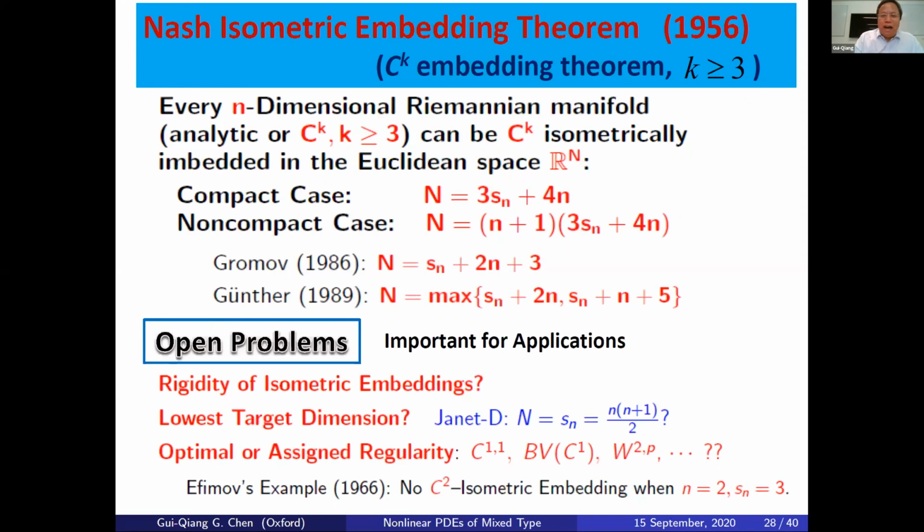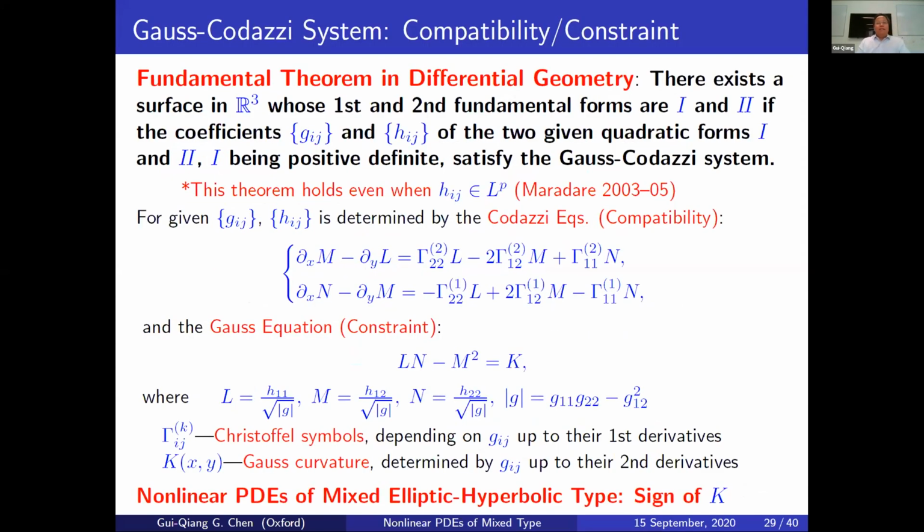So what does the PDE involve now? The PDE really involves the fundamental theorem of differential geometry. This is for the 3-dimensional case, a 2-dimensional manifold into 3 dimensions. If you are given the first fundamental form, and the second fundamental form satisfies the Codazzi equation and the Gauss equation, then you can construct the surface in Euclidean R^3.